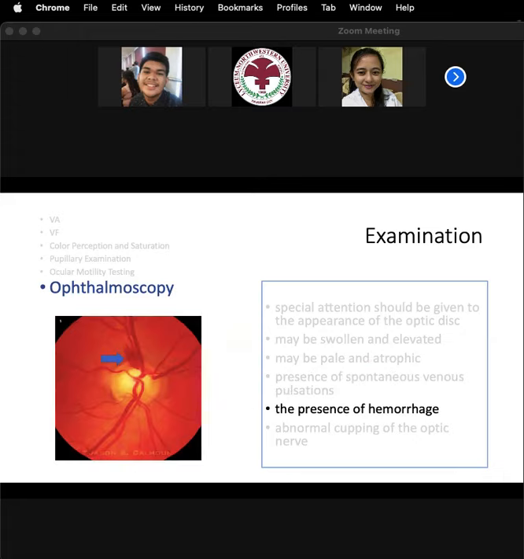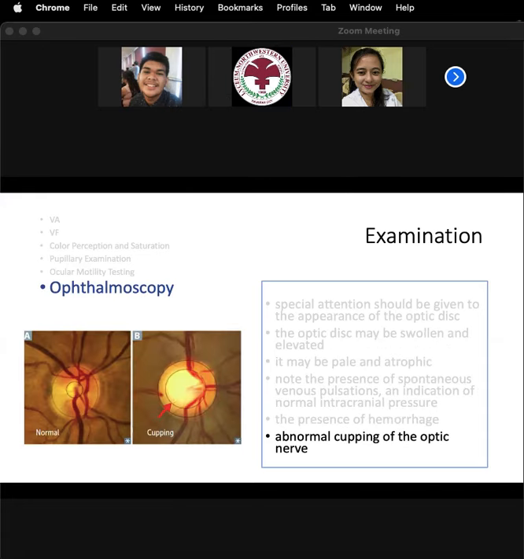This one, blue arrow points to a flame-shaped disc hemorrhage. It can be a sign of glaucoma. And of course, yung cupping of the optic nerve. So when I talk to patients, I like to describe the optic cupping, the cup disc ratio, as parang donut.